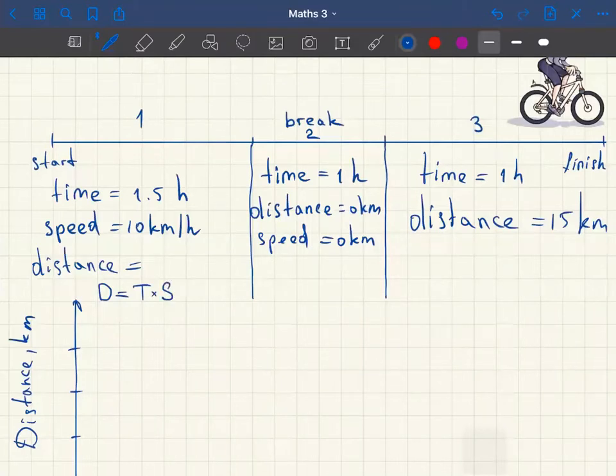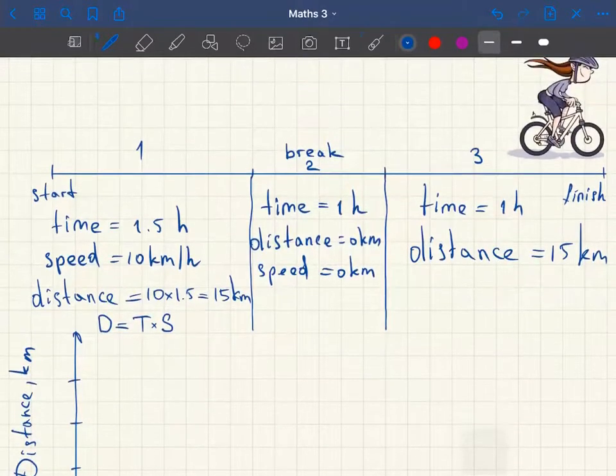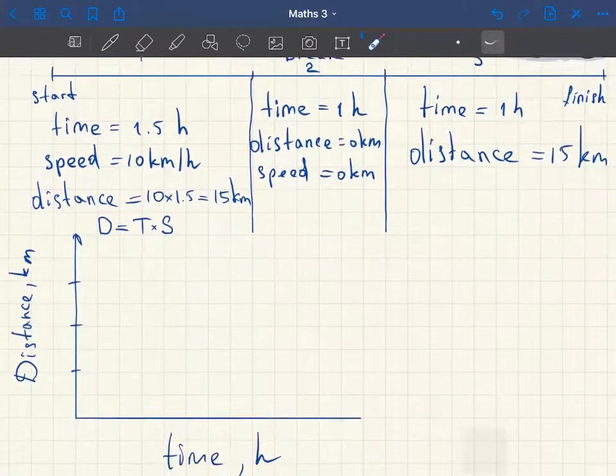It's going to be 10 times 1.5, which is 15 kilometers. This is the distance for the first region. So again, time 1.5 hours times speed 10 equals 15 kilometers.